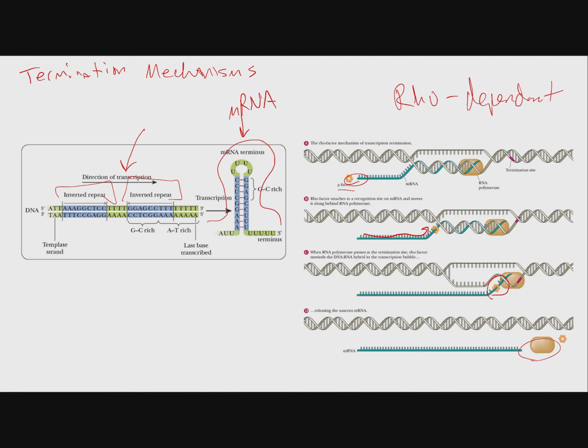Again, it's unclear in the book exactly where, because they're not showing it in these pictures, so I wish I could give you a better idea of where these hairpin loops are forming. They must be forming right in this sort of, so if this is the termination site, it's encoded in here to start forming a hairpin loop.